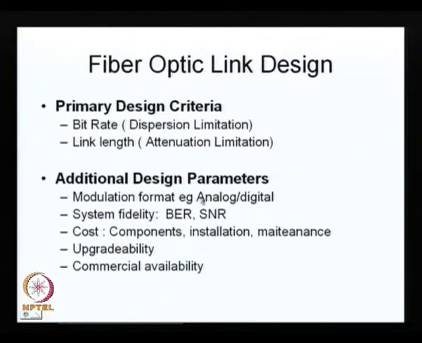So, when we talk about an analog communication link, we also have to talk about what is called the intermodulation products, or how linear our system is, so that the intermodulation products are as low as possible.